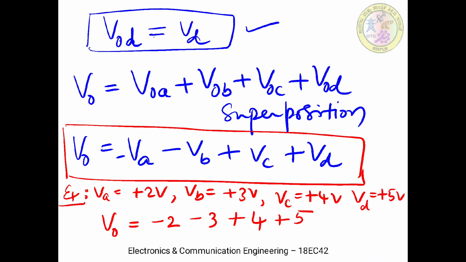So 5 plus 4 is 9, 9 minus 3 is 6, 6 minus 2 will be equal to plus 4 volts. So with the four different inputs, the final output voltage V0 will be equal to plus 4 volts. This is how we can determine V0 in case of differential amplifiers when different inputs are applied.